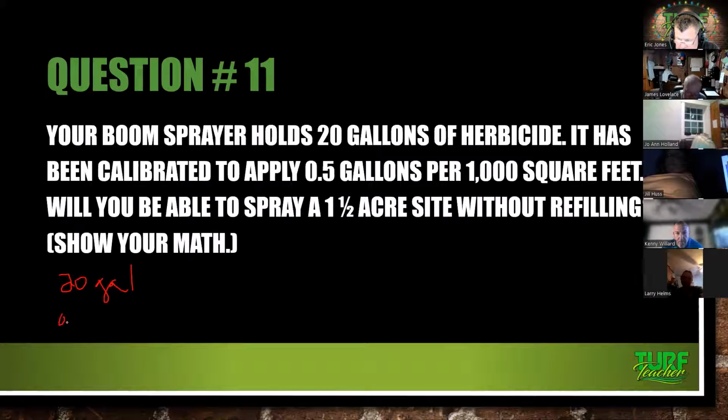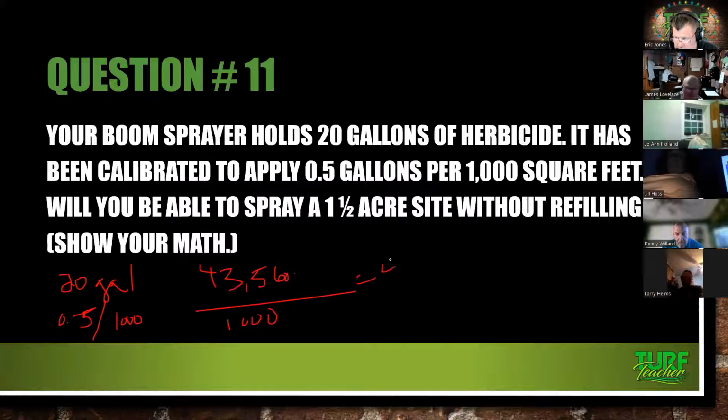It's going to do 0.5 per 1,000. And we know what 1 acre is, 43,560. So if we do our acres, how many 1,000 square foot blocks do we have? We're going to have 43.56.